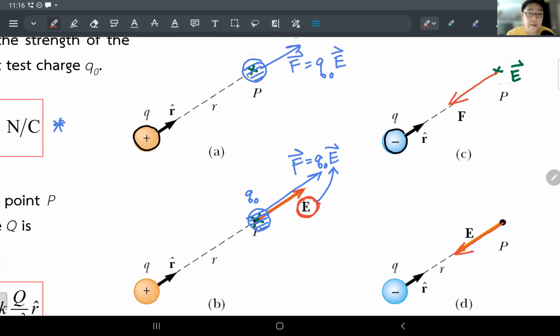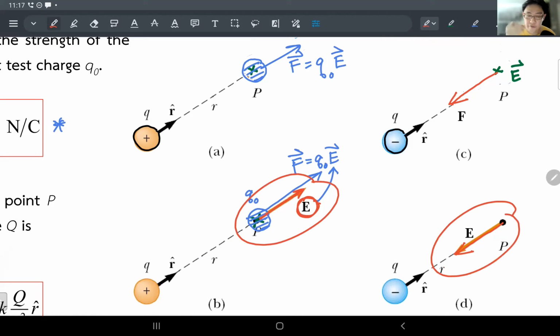So the final conclusion about this one is, if you have a positive charge generating the field, the field will point outward. Here we go, outward. And if you have a negative charge generating the field, the field will point inward toward the charge.